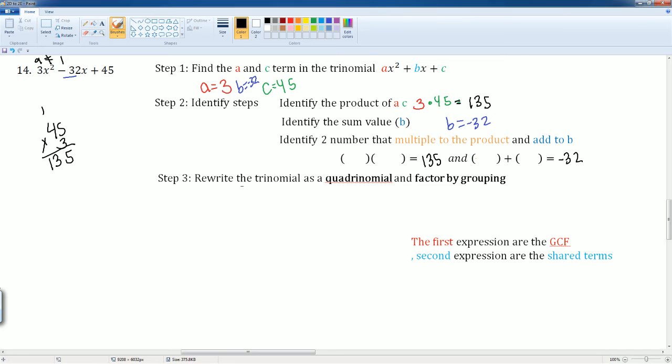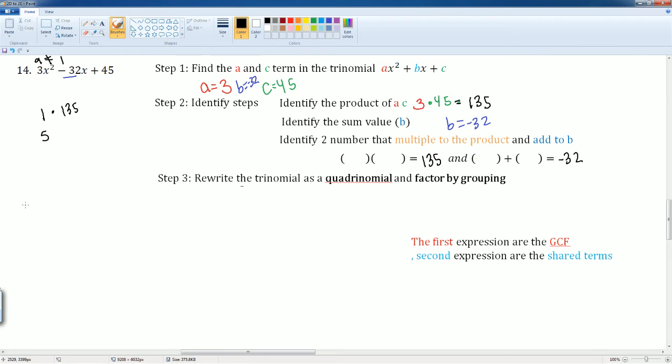So let's go over the different possible factors. We can start with 1 and 135. There's no way I can add those to make 32. How about 2? No, you see how this number ends in a 5? So 2 wouldn't work, 3 wouldn't work, 4 wouldn't work. 5 is going to work because the number ends with 5.